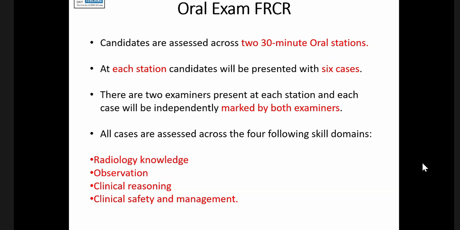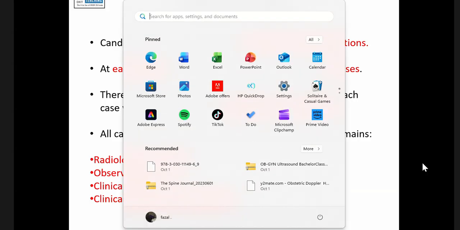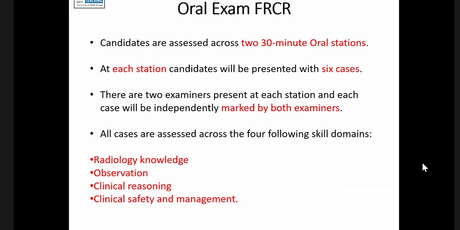The timing has not changed. What has changed is that during this period, examiner number one will show you three cases and examiner number two will show you three cases, so overall 6 cases in one station.